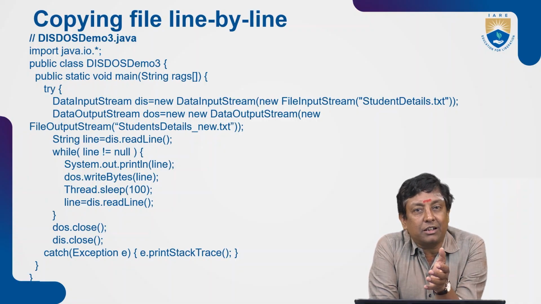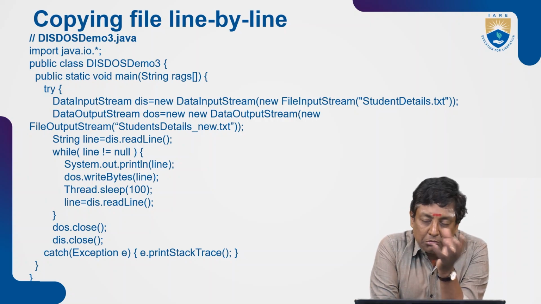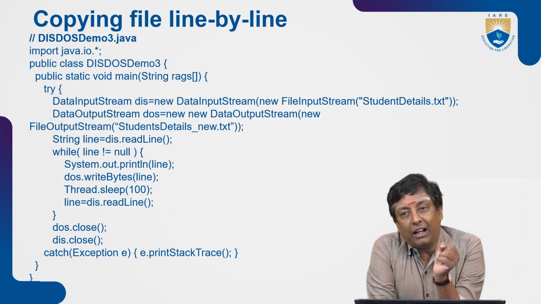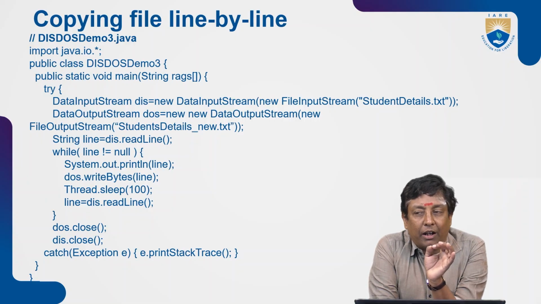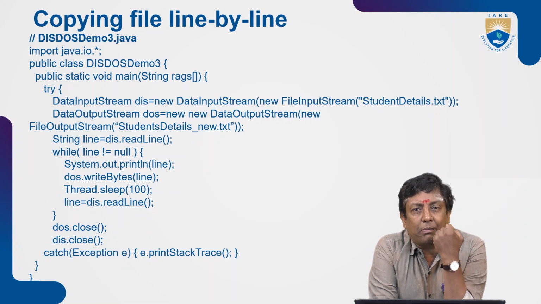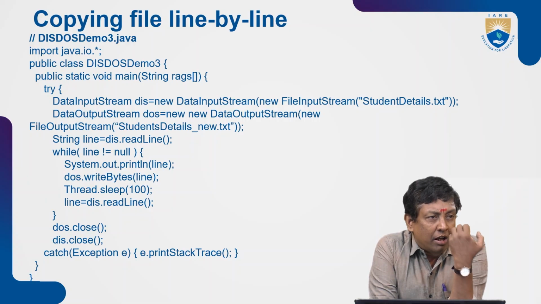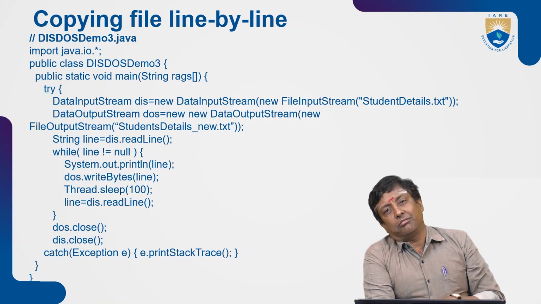But if the file size is a couple of MBs or GBs or more, reading and writing each and every character, byte by byte, is very expensive. They may consume disk I/O operation calls, or network I/O calls, or some other input-output calls.